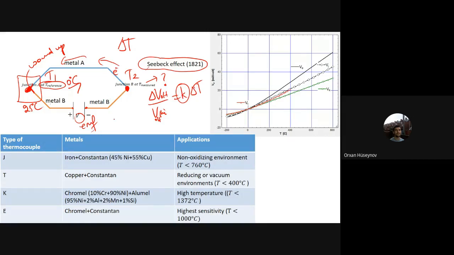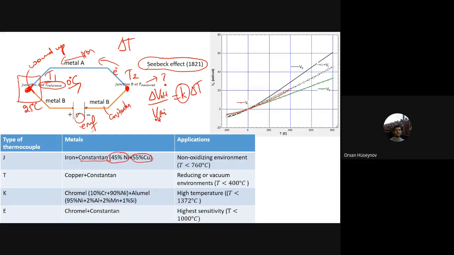There are different combinations of the metals, and due to different combinations we have different types of thermocouples. We have the J thermocouple, which uses iron and constantan. Constantan is also an alloy of 45% nickel and 55% copper. So you say that metal A is iron and metal B is constantan.